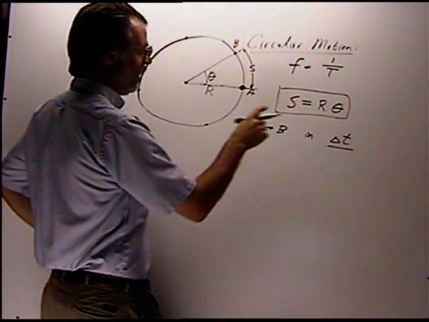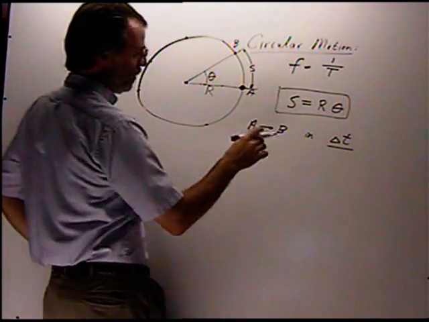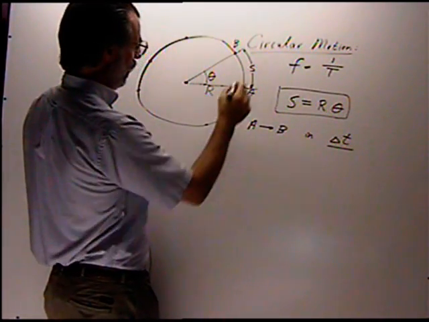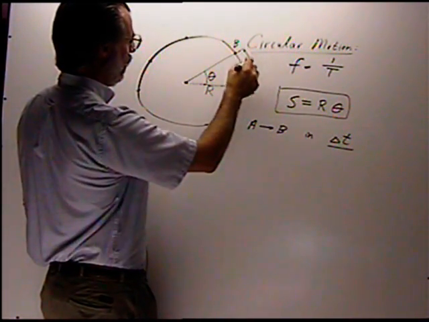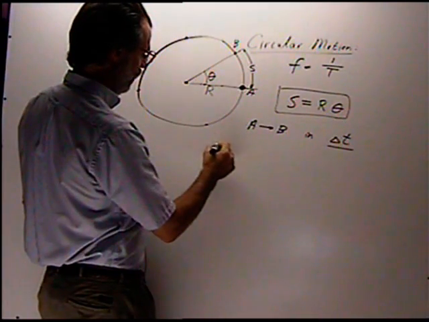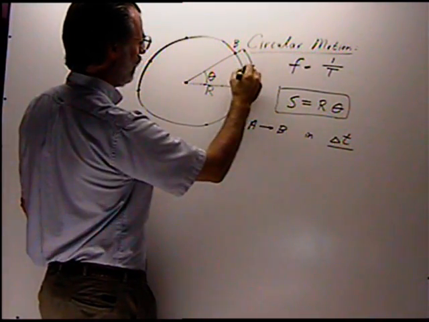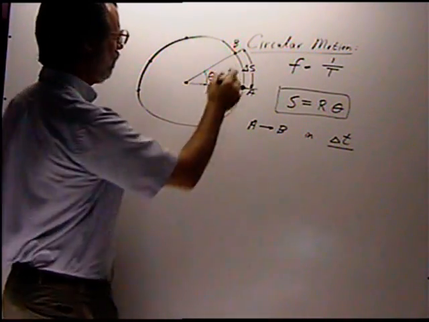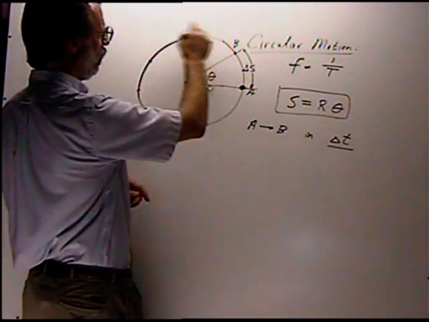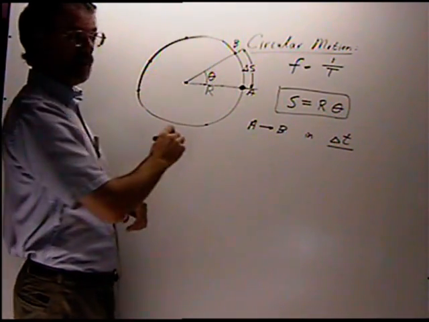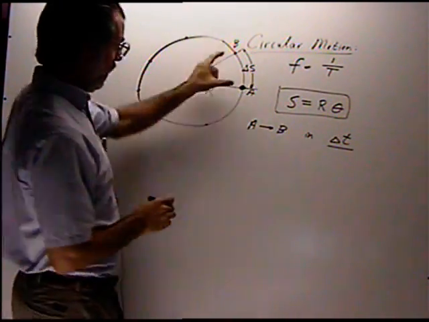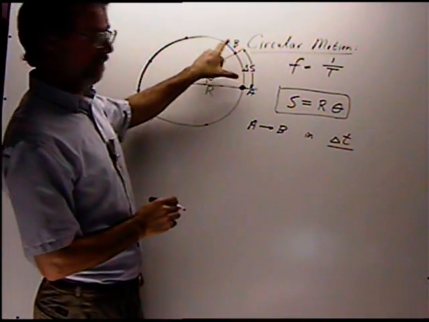What I'm going to do is take this equation and say this. This S here, instead of calling it S, I'm going to call it delta S, which means that maybe the S refers to the whole circumference, and a delta S just refers to a short segment of it. In fact, it just refers to this short segment.